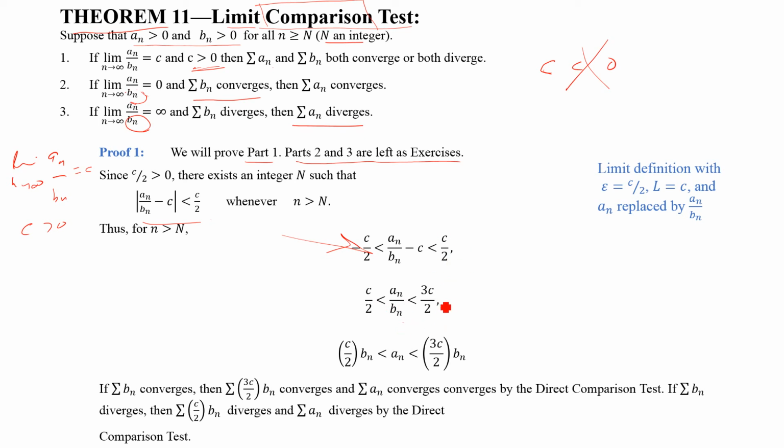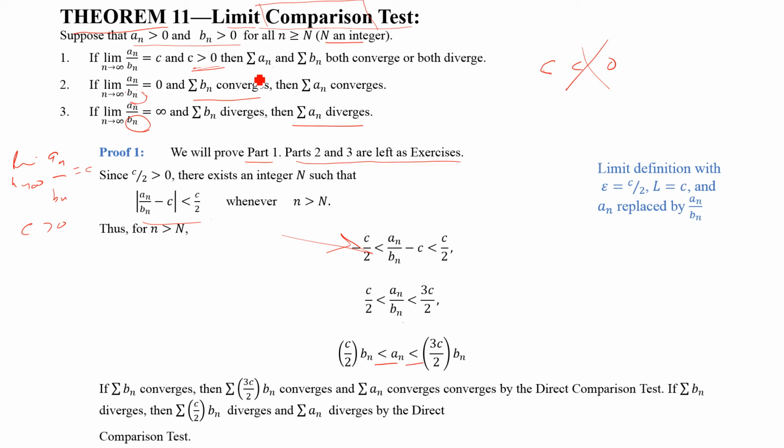So a_n over b_n lies between c by 2 and 3c by 2. Now multiply the whole inequality by b_n. Since b_n is positive, the inequality remains unaltered. So c by 2 times b_n is less than a_n, which is less than 3c by 2 times b_n.